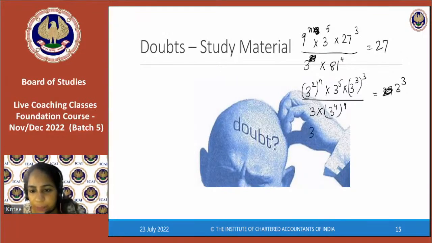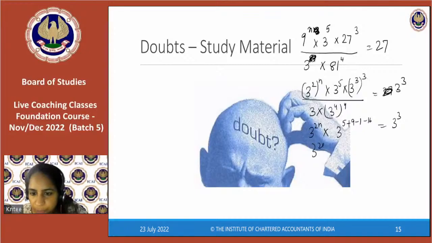Okay, keep the n term here only. Rest of the terms, bases are same, powers are added. So 3 2s are 6. Bases are same, powers will be subtracted, minus 1 for this and minus 16 for this, 4 4s are 16, is equal to 3 cube.